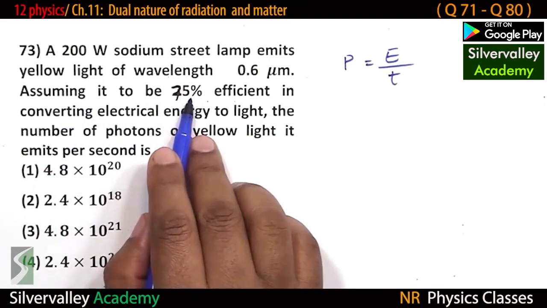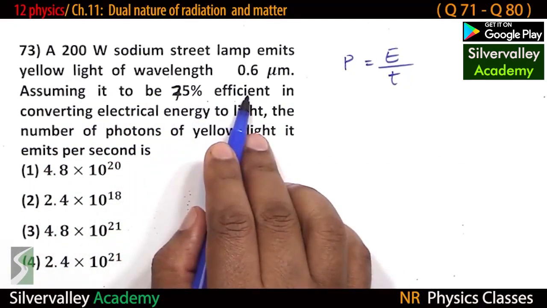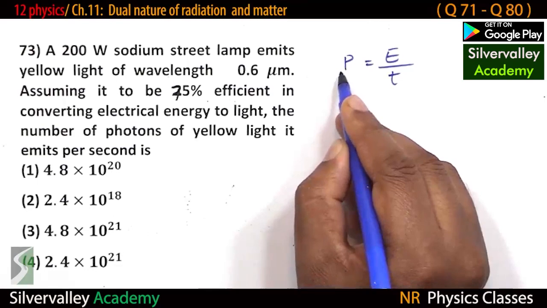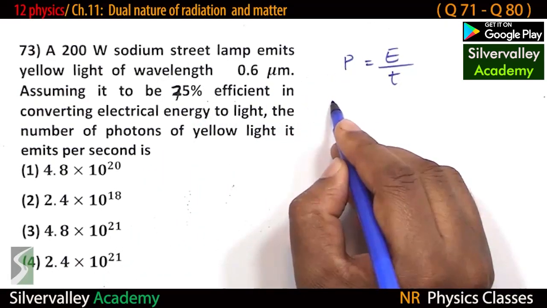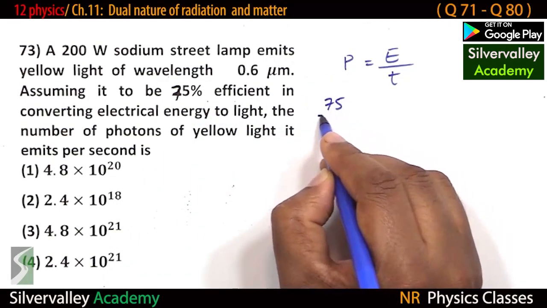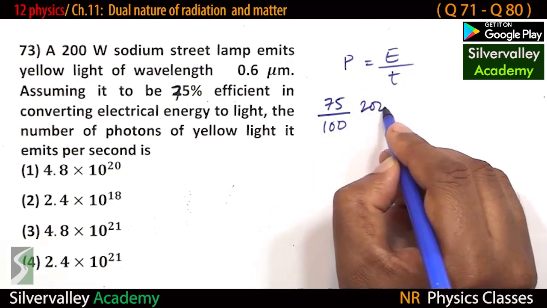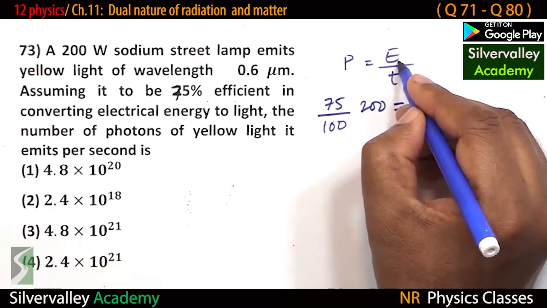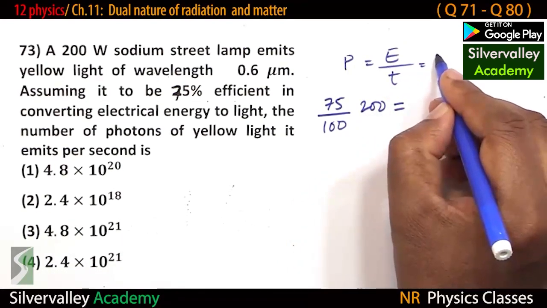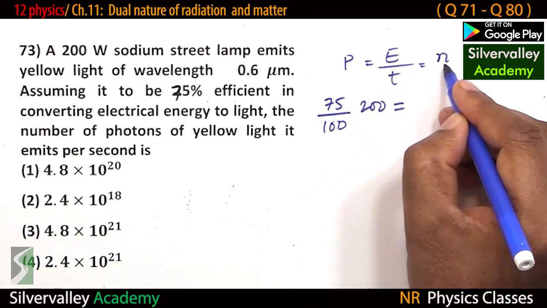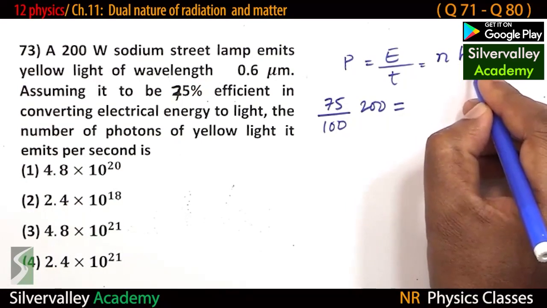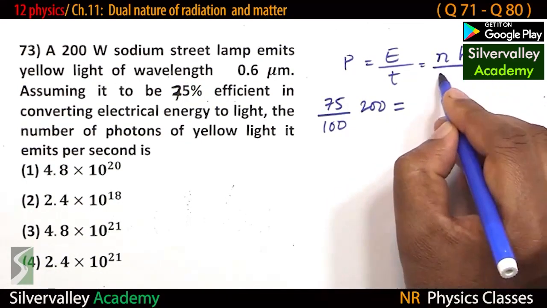Only 75% is converted to light. So 75% of power, 200, equals the number of photons times the energy of each photon, divided by time.